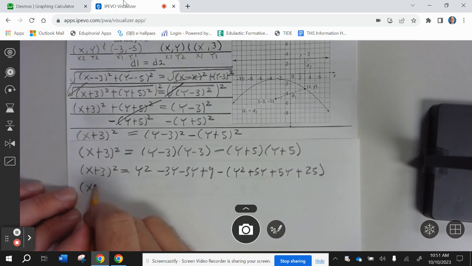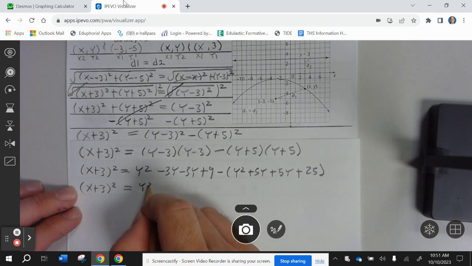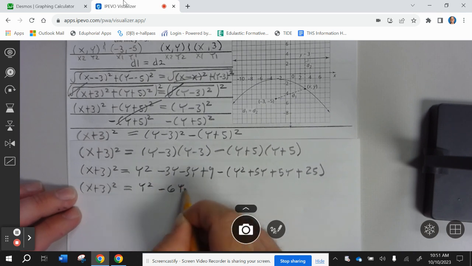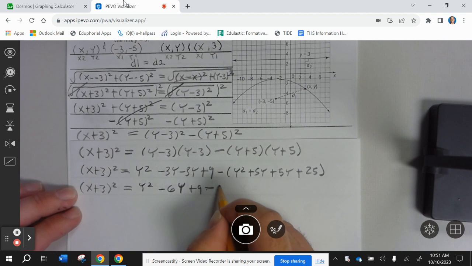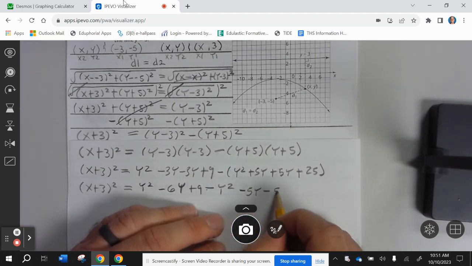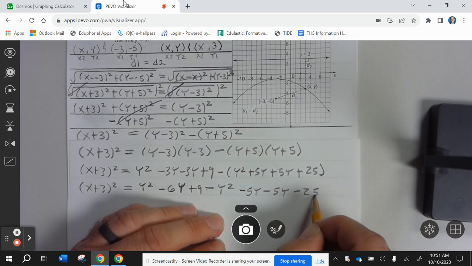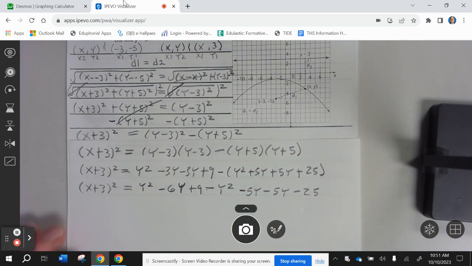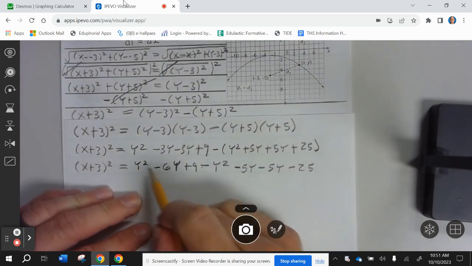So then you get (x plus 3) squared equals y squared minus 6y plus 9 minus y squared minus 5y minus 5y minus 25. Well, y squared minus y squared cancels.